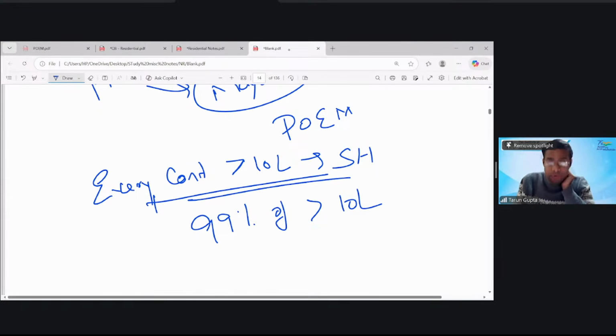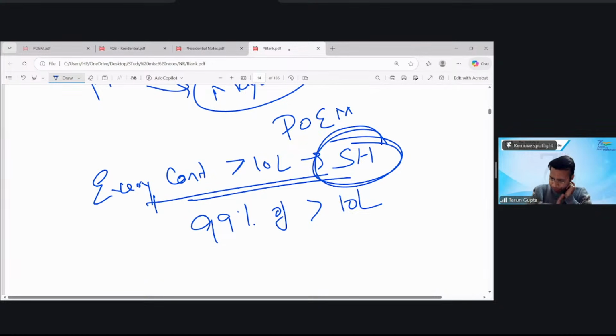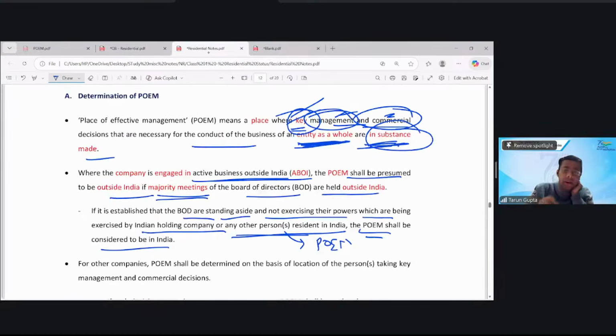The decision whether to take the contract or not is taken by the shareholder. Then, even if there's an active business outside India, the relevance of meetings held outside India is nil. The majority of meetings outside India has no relevance. Where this shareholder is seated is relevant to decide the poem. Okay? I'm trying to explain to you with the practical concept.